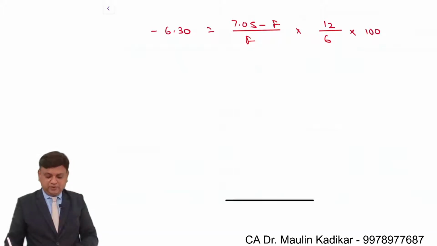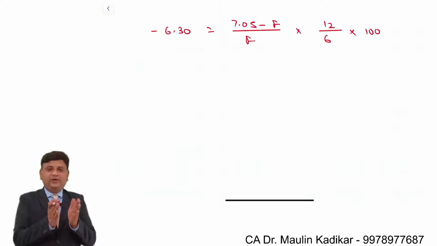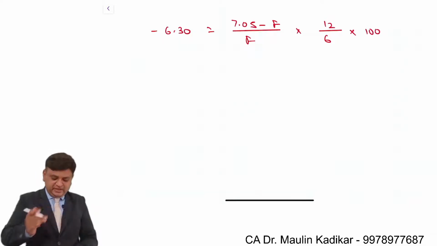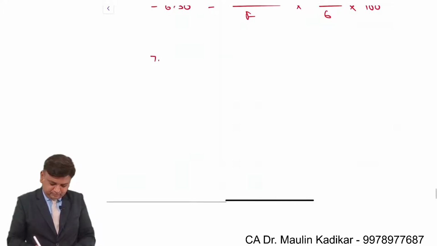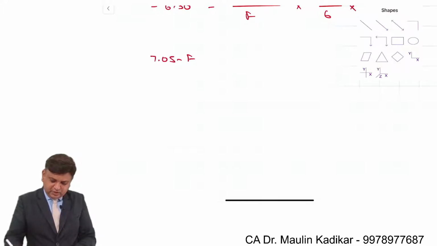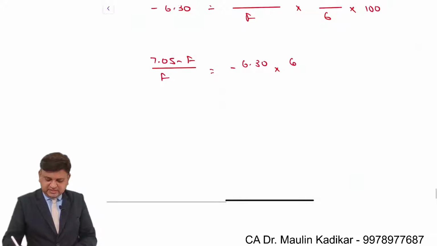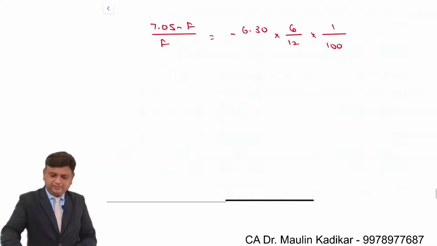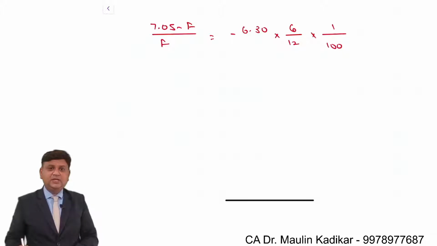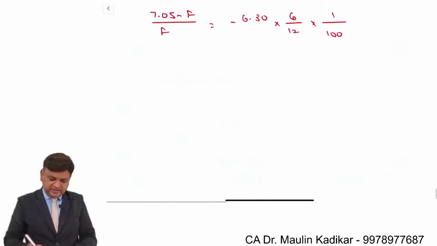Let us see how to compute the forward now. Keeping 7.05 minus forward upon forward on one side, remaining values are transferred to the other side. So negative 6.30 into 6 divided by 12 into 1 divided by 100, that is negative 0.0315.